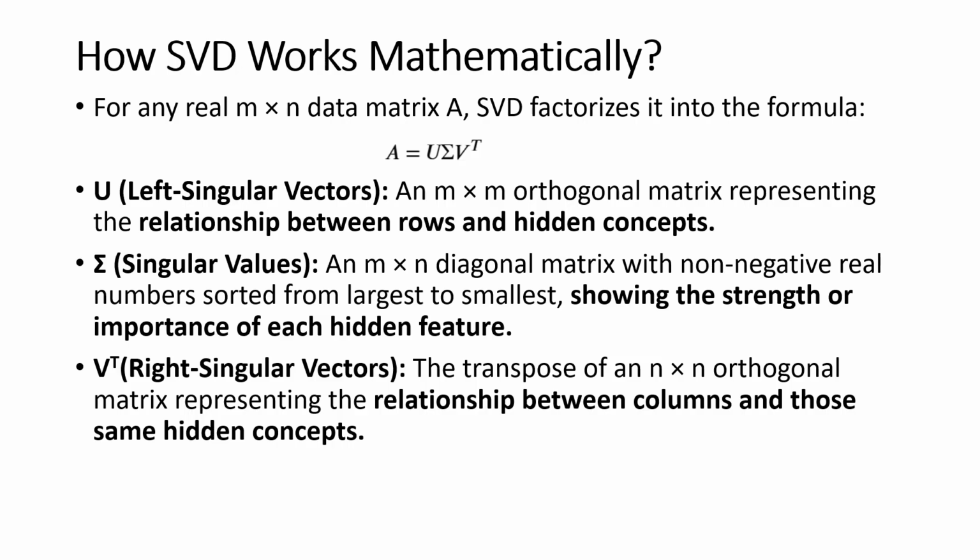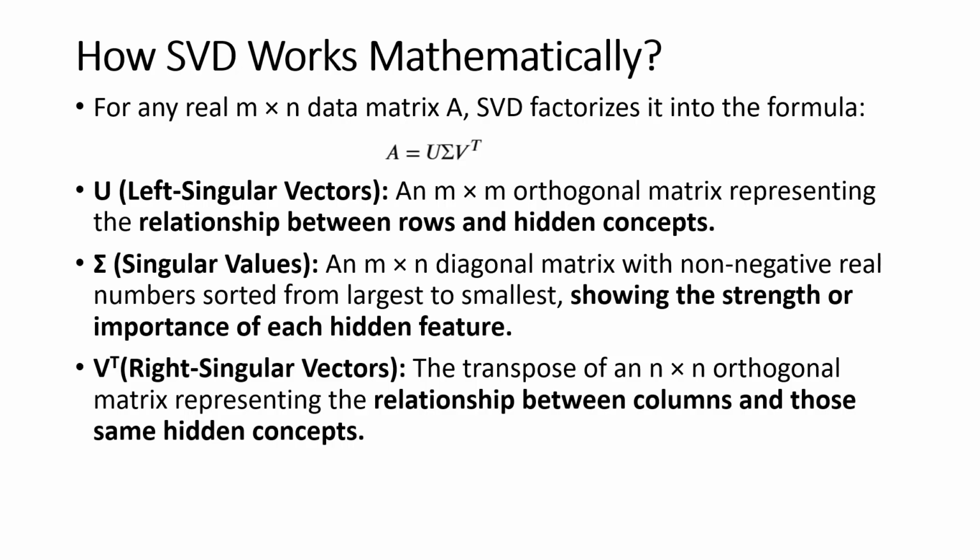In the diagonal portion we have non-negative numbers, sorted from largest to smallest. It shows the strength or importance of each hidden feature. From V raised to t we will find some hidden features, and the singular values sigma will tell us how important these hidden features are.